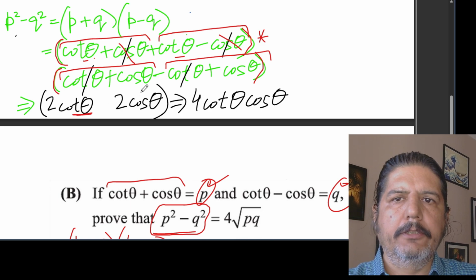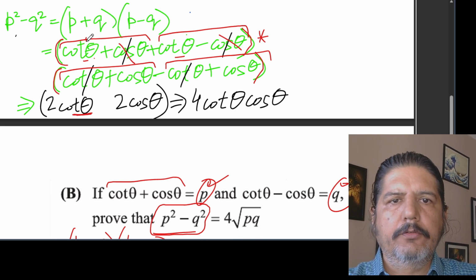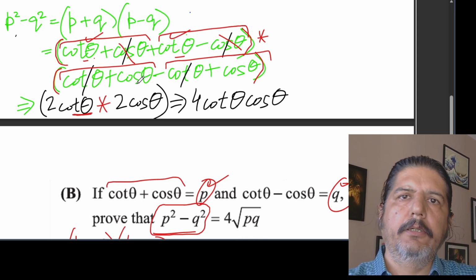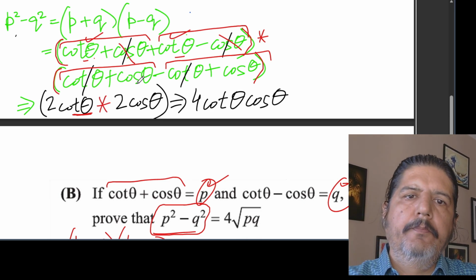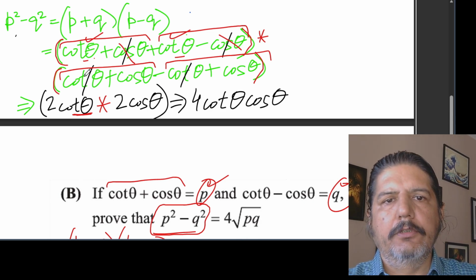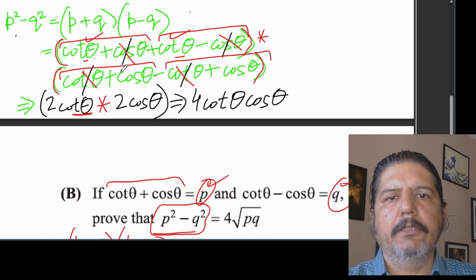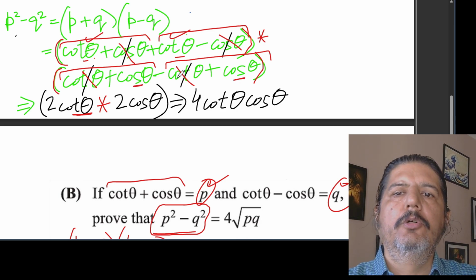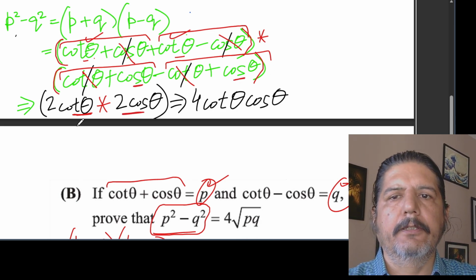Then multiplied by the second bracket: cot theta plus cos theta minus cot theta plus cos theta. This cot theta and this minus cot theta cancel. So this is cos theta and this is cos theta, which would be equal to 2 cos theta.